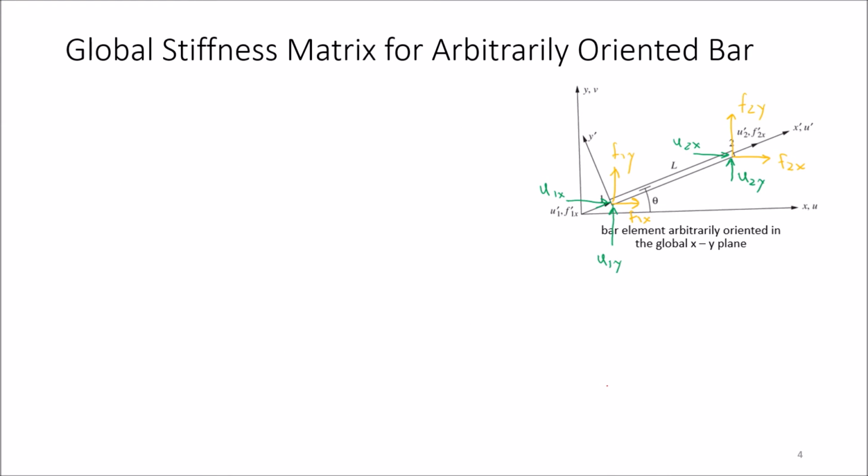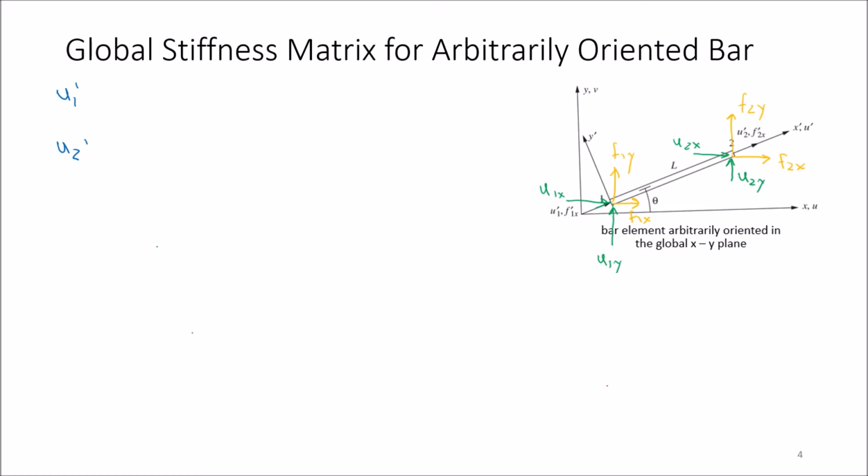Here we're going to expand on how we make the 2 by 4 transformation matrix a 4 by 4. So if I look at my local nodal displacements, I had the u1 prime and the u2 prime.